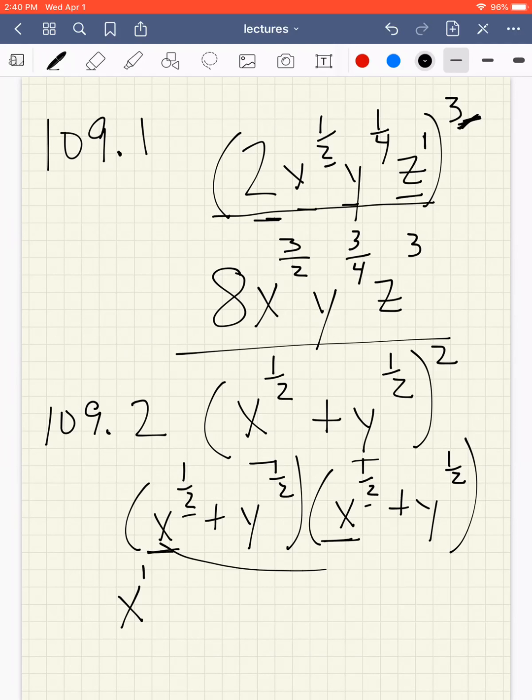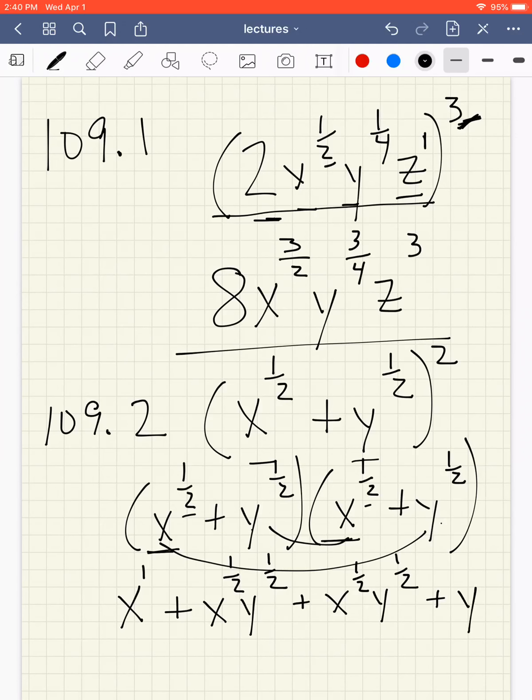The outer terms multiplied will be plus x to the 1/2, y to the 1/2. Then the inner terms multiplied will be x to the 1/2, y to the 1/2, plus y to the 1/2 times y to the 1/2. Again, you add the exponent, so that's y to the 1.